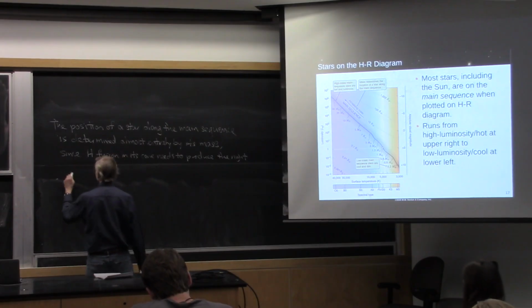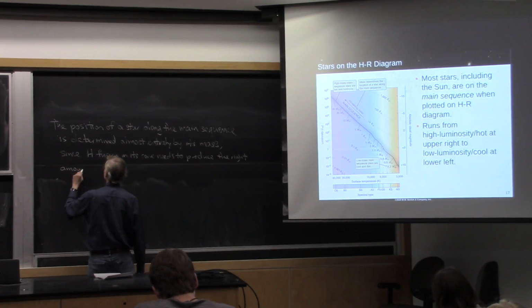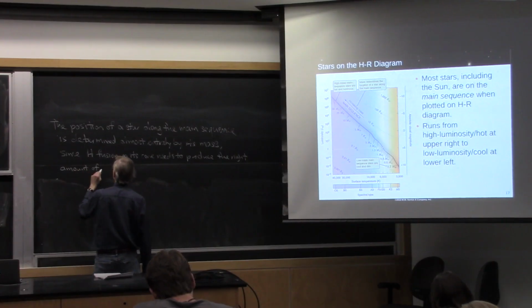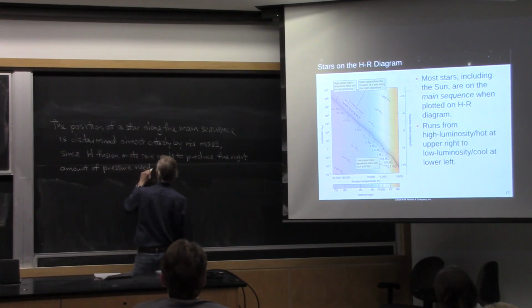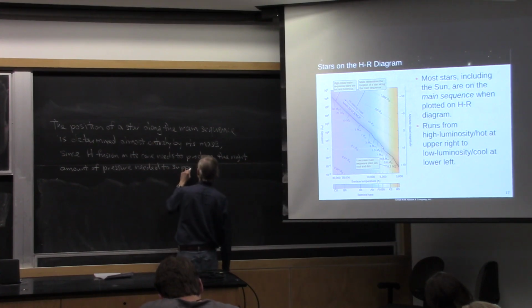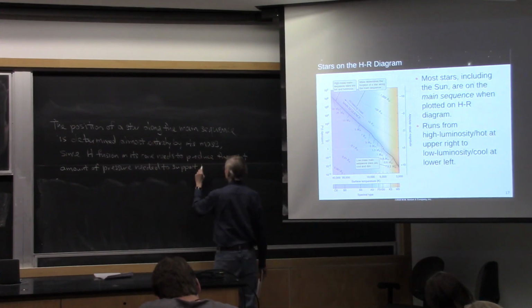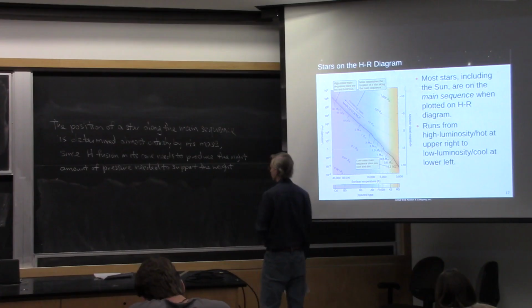It's more complicated than just a single amount. The right amount of pressure, not too much, not too little, needed to support the weight of the layers above, and its own weight for that matter. We'll talk more about hydrostatic equilibrium soon.